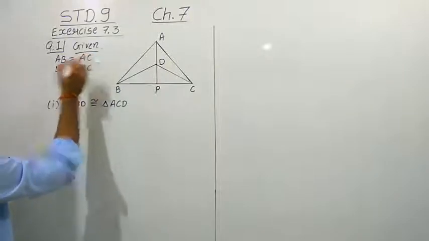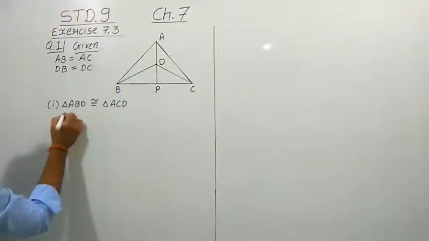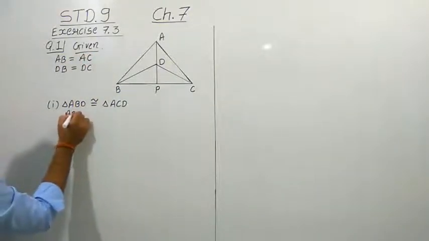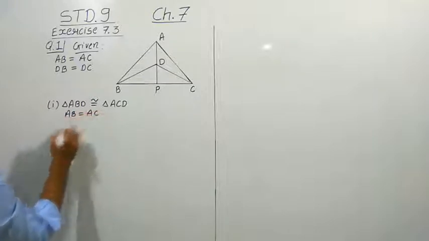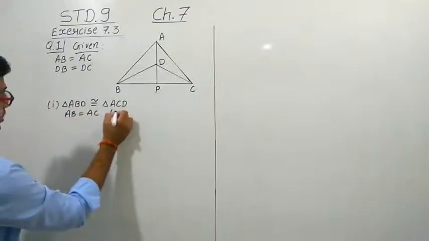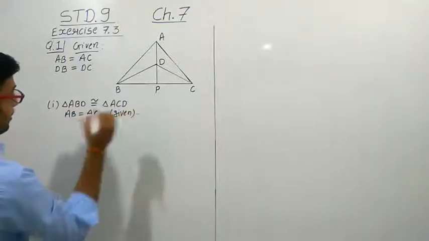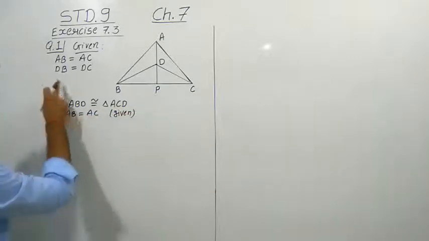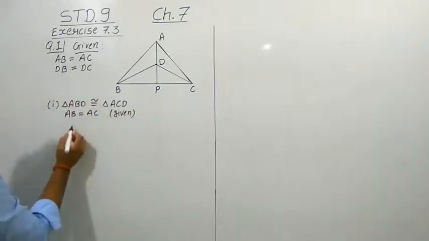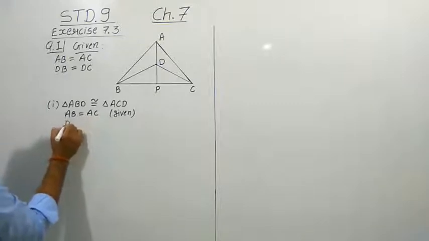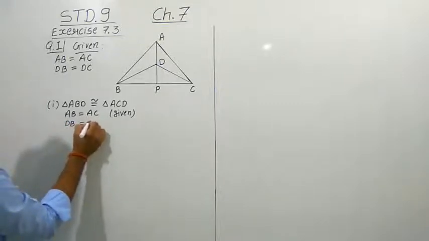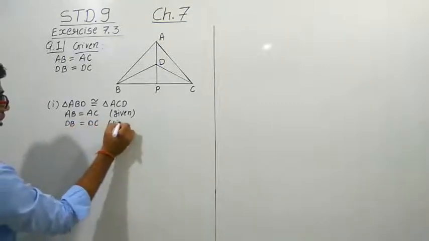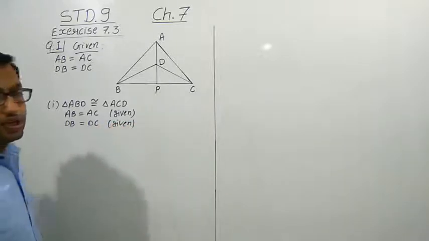Here we are given that AB is equal to AC. This is the given condition. Second condition we can take DB is equal to DC. This is also one of the given conditions.